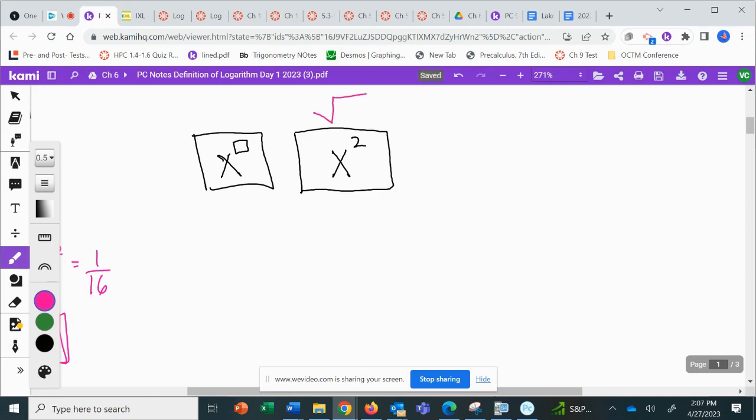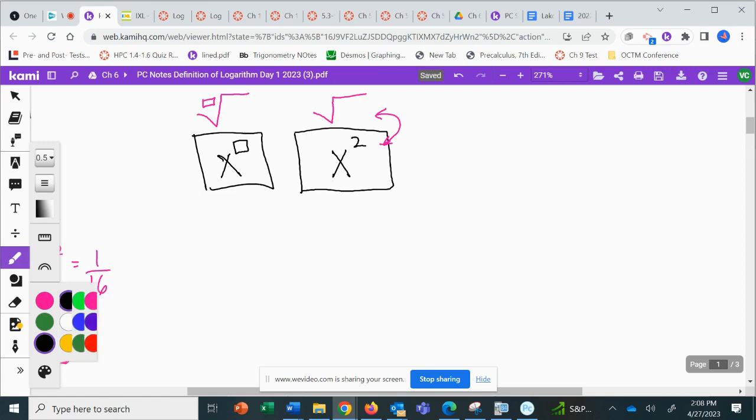On the red calculators, it's a root with a little box. So why are these on the same button? Because they're inverses. Because they're inverses, they undo each other.